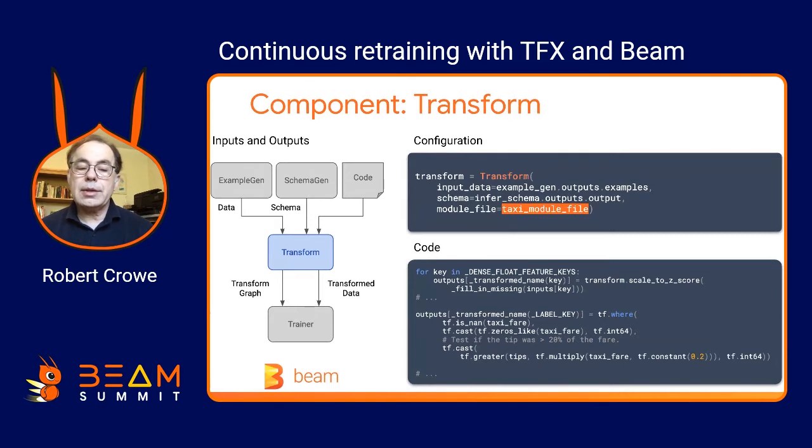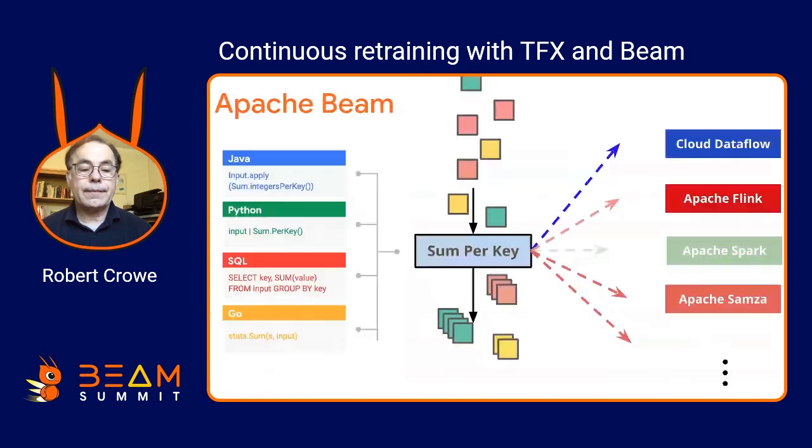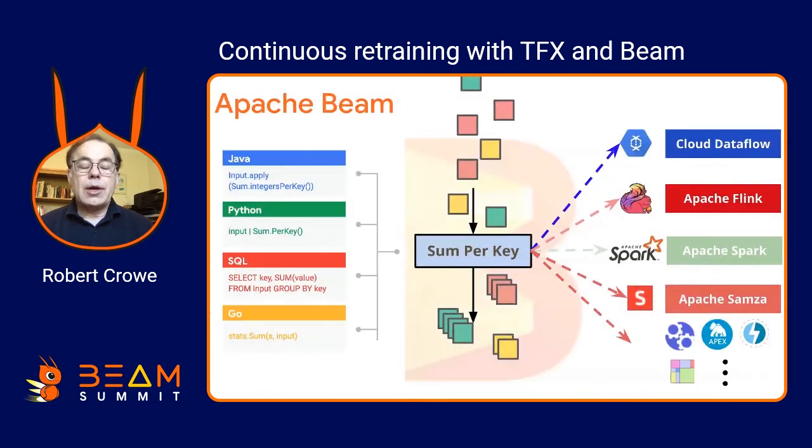One of the key aspects of Transform is that it produces a pre-processing graph. That graph is going to be bundled with your trained model, and that's going to be used wherever you deploy your model to do exactly the same processing. So next slide. So that processing is really consistent, and you don't have training and serving skew.